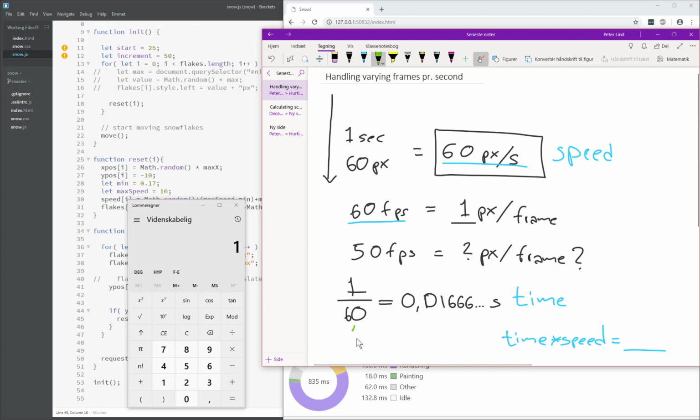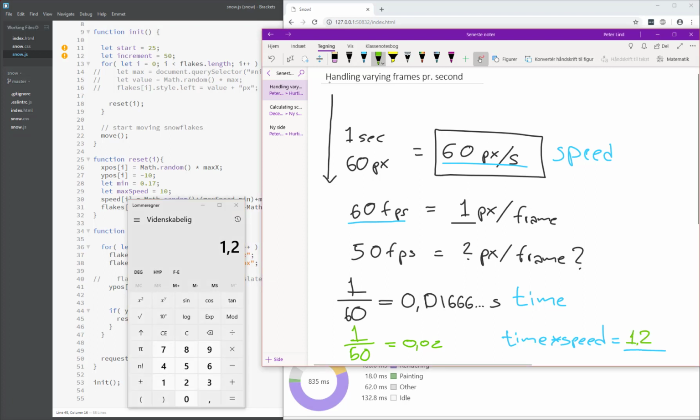Let's say we have 1 over 50 for the 50 frames. That would be 1 divided by 50, 0.02, and then we say time multiplied by speed, 0.02 multiplied by 60. That is 1.2 pixel.